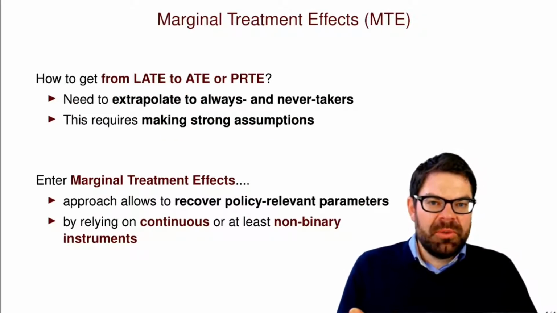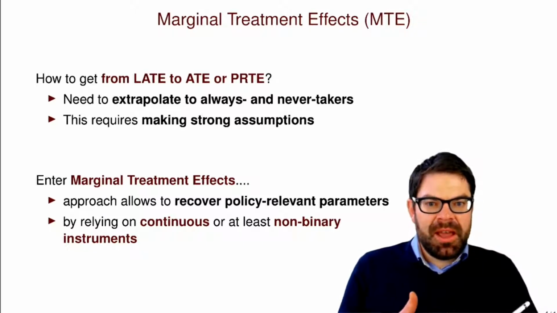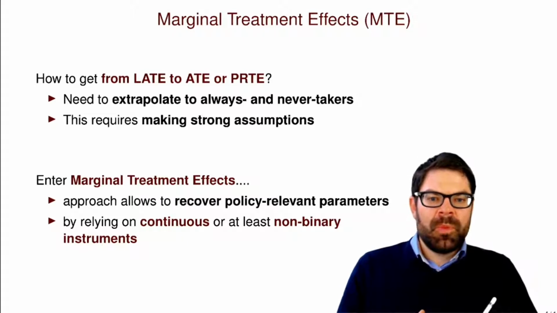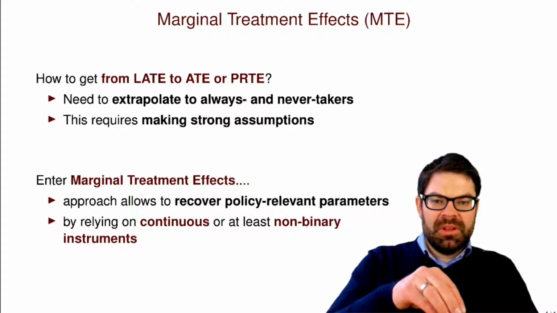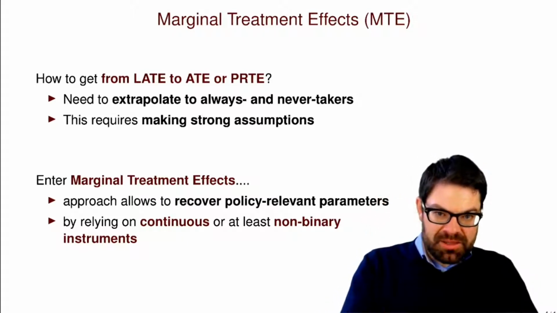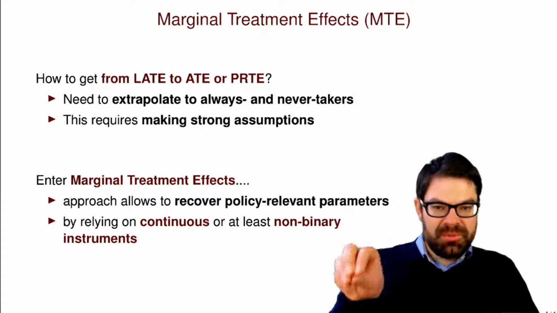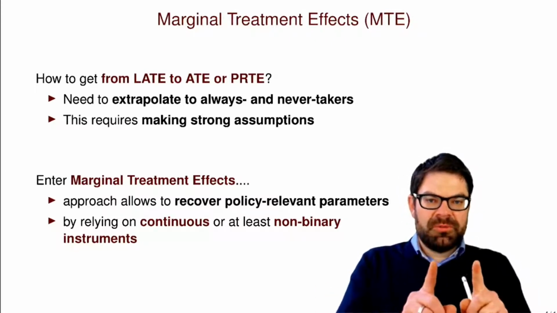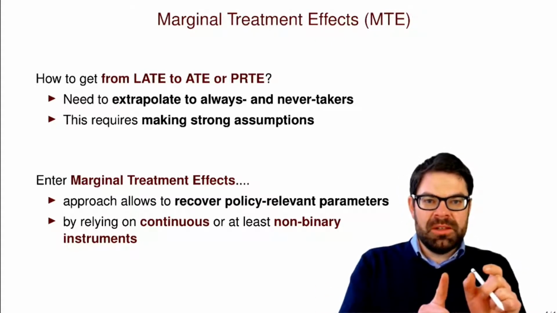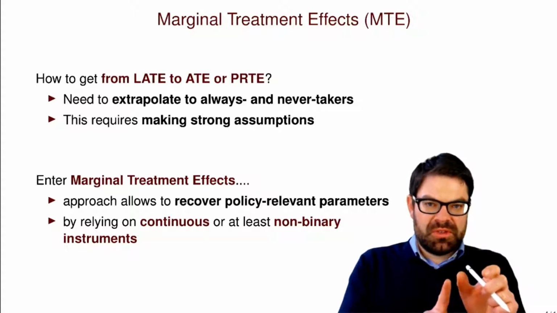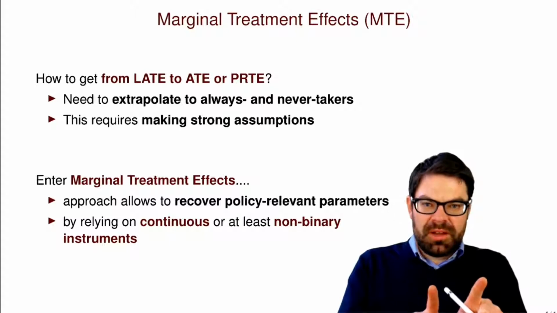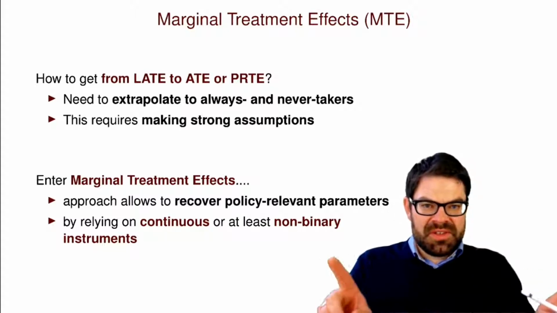One thing to be aware of is that, as with any extrapolation, going from the local average treatment effect that we actually estimate to any other parameter requires making strong assumptions, because we can only observe the treatment effect in a small range where those compliers lie, and we do not see anything outside of that range.